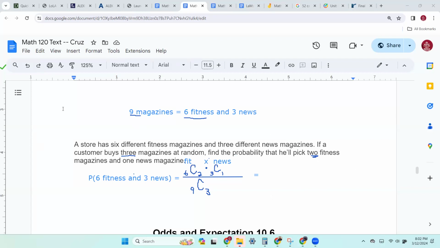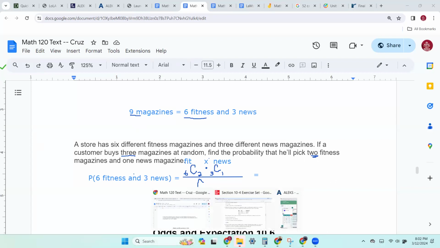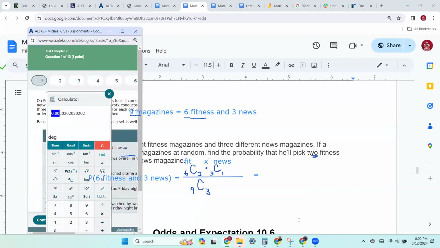So let's do the denominator. And incidentally, there'll be some of these that'll have like a list. I'll try to do one in a little bit to show you, but the denominator will stay the same for all of them. So 9C3. So that's 84.